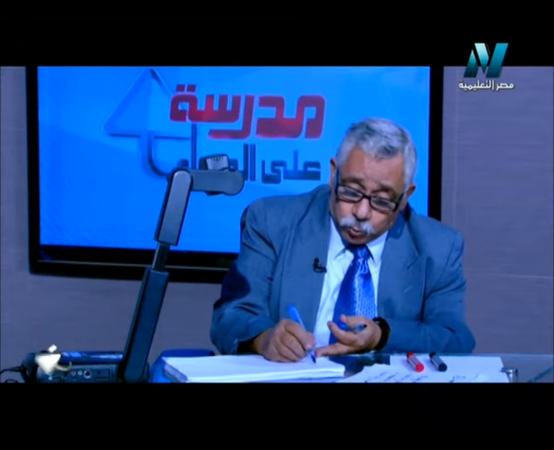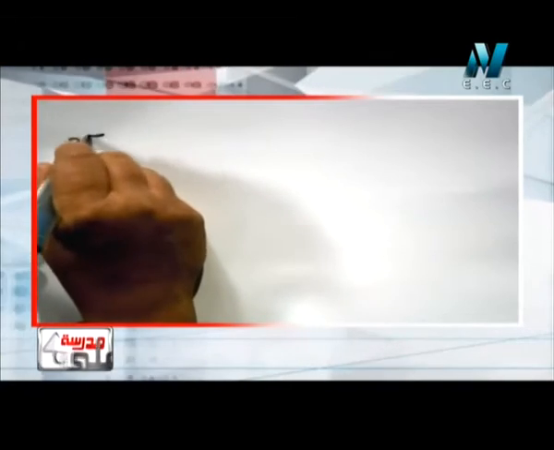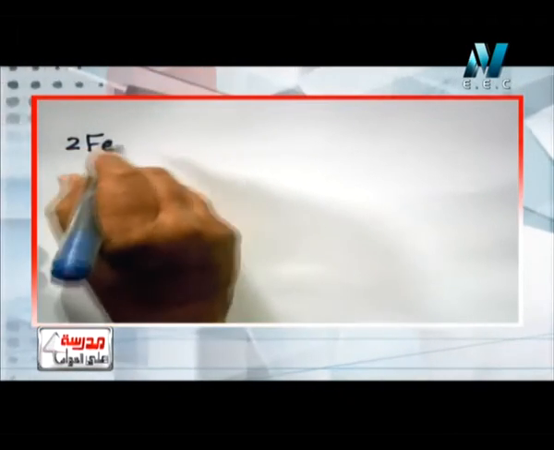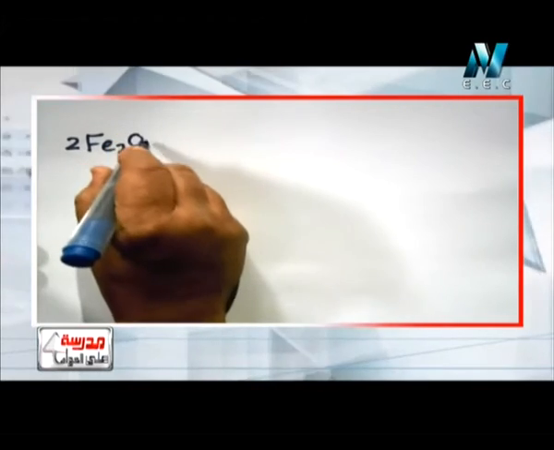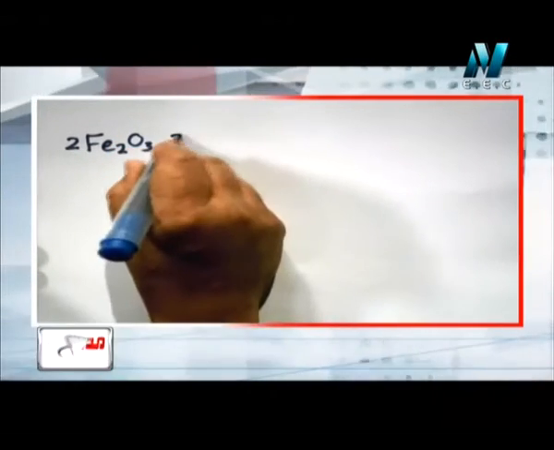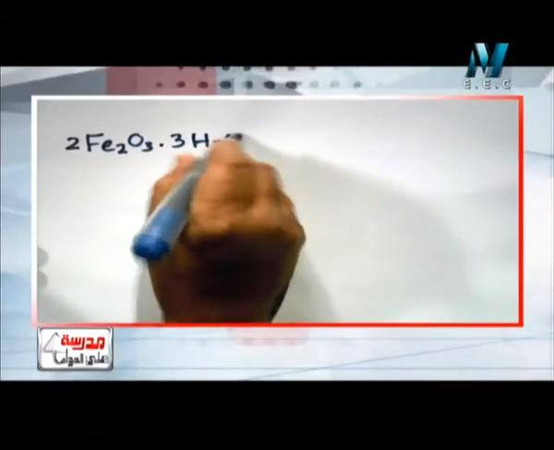Let's start with the first step: how to get rid of humidity from the ore. We know that limonite is 2Fe2O3.3H2O.